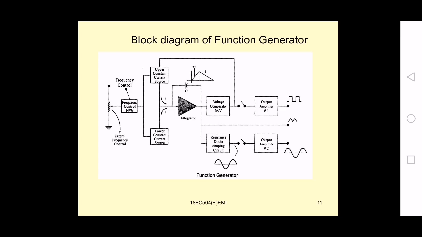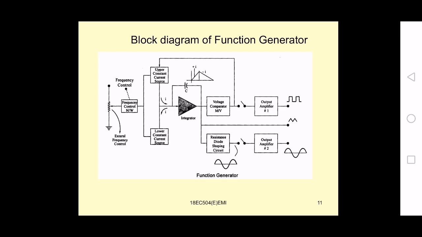By using this resistance diode shaping circuit, the triangular waveform will be clipped on the positive and negative sides to produce the sine wave, and these waves are given to the output amplifiers, such that we are getting the square wave and sine wave at output amplifier 1 and output amplifier 2, and the integrator output directly gives the triangular waveform.